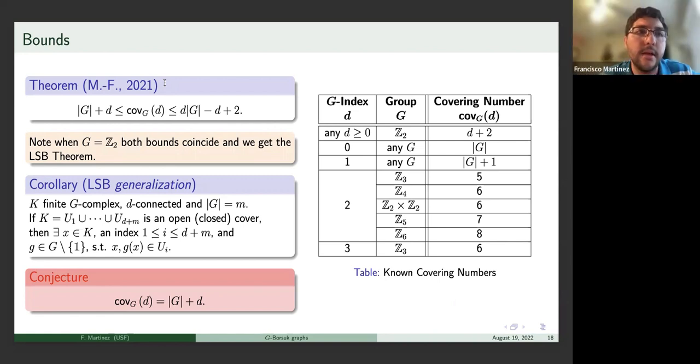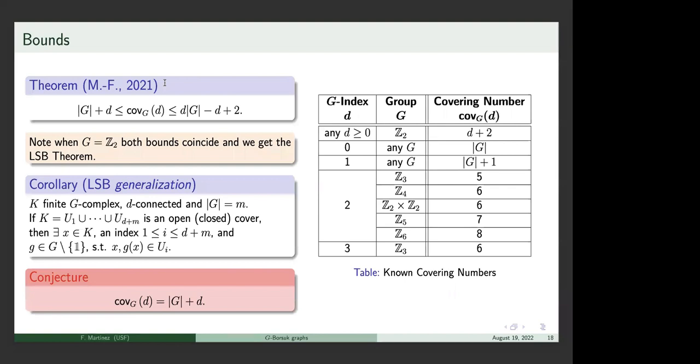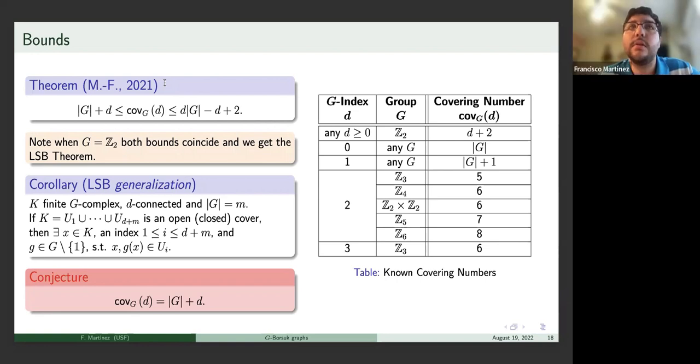Then, what about if we know covering G of D1 and covering G of D2? Then can you say anything about covering G of D1 plus D2? I don't know.